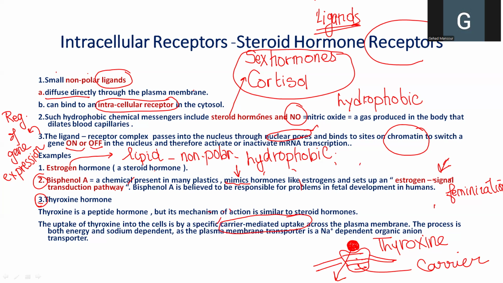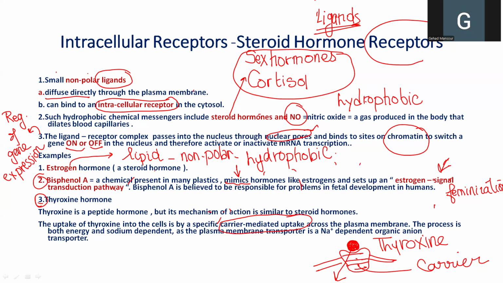But why do we need all this complexity? Because thyroxine is a hydrophilic peptide hormone, and therefore it cannot enter easily through the cell membrane. But once thyroxine is inside the cytosol, it will act like steroid hormones.